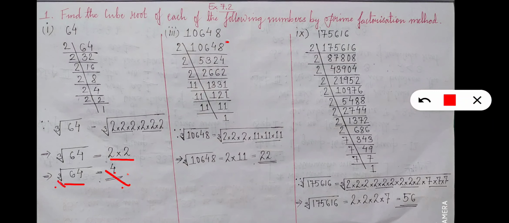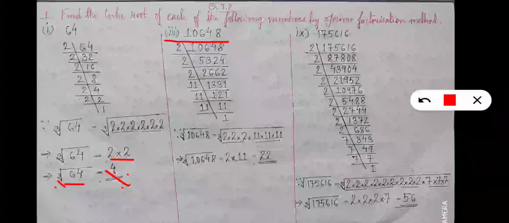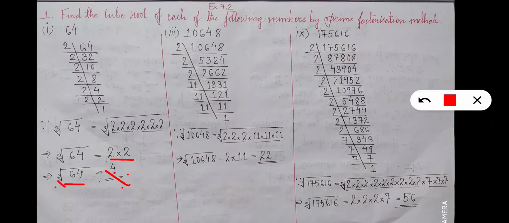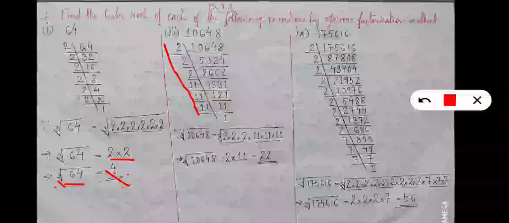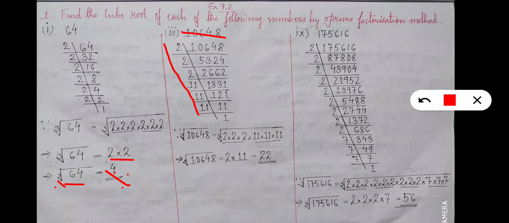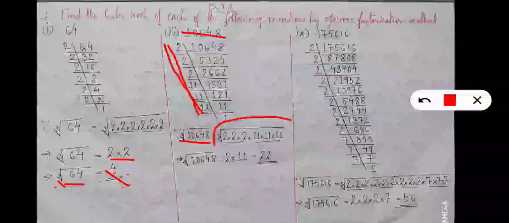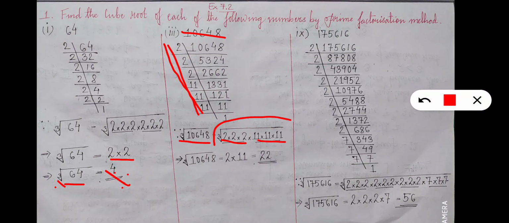Okay, let's come to Roman number 3. 10,648. So the prime factorization of 10,648 is this much. Now we'll write this again with the cube root sign, with all the prime factors we got, 2 three times and 11 three times.